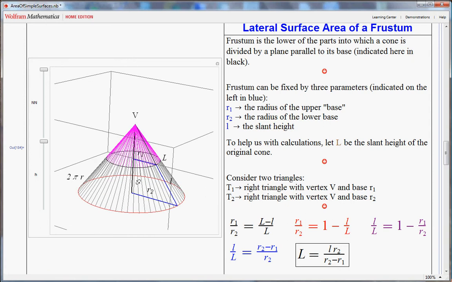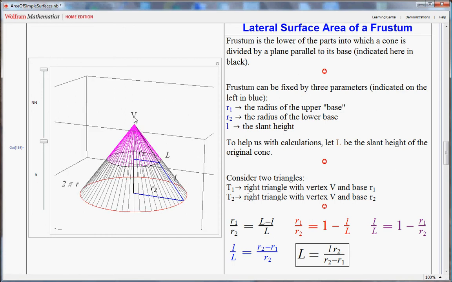So let capital L be the slant height of the original cone, the large cone our frustum came from. It turns out that we can readily calculate capital L. In order to do that, let's look at 2 right-angled triangles.